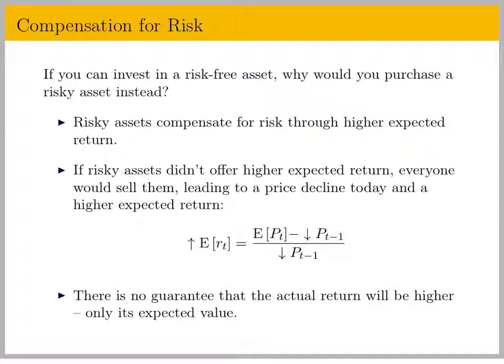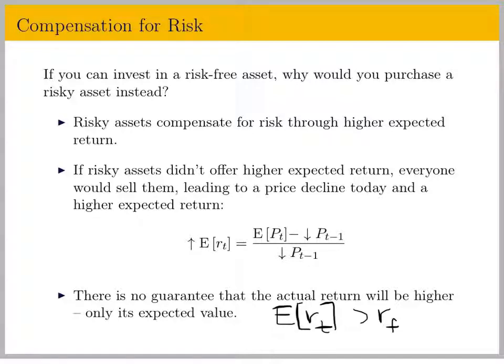So now there's no guarantee that the actual return for the risky asset is going to be higher, only that its expected value will be higher. So what we know from the arguments on this slide is that the expected return to the risky asset will be greater than R_f.